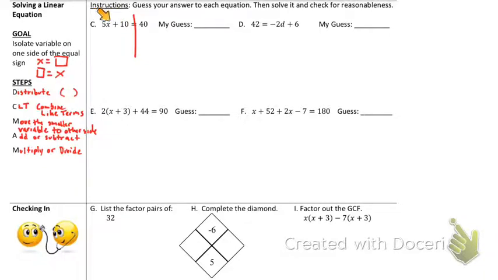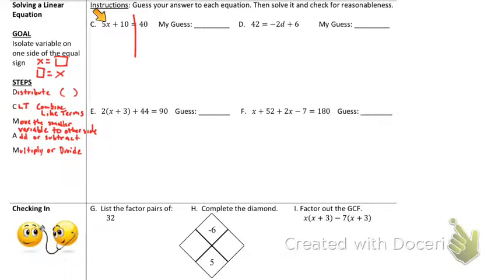Once we've tried to combine like terms, we go to the right side of the equal sign and figure out, do I have any like terms over here on the right side only? And the answer is no. There are no like terms with 40. 40 is all by itself. Okay? We can now move on to M. We want to move the smaller variable to the other side.